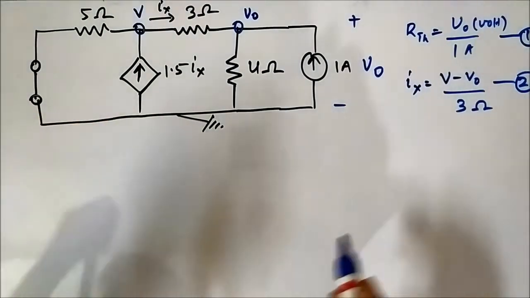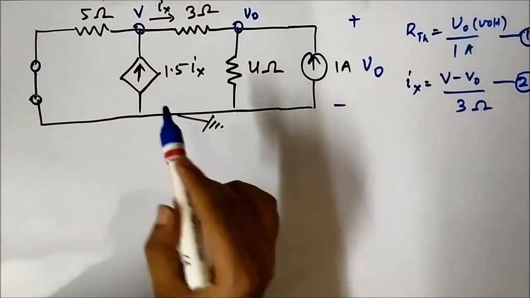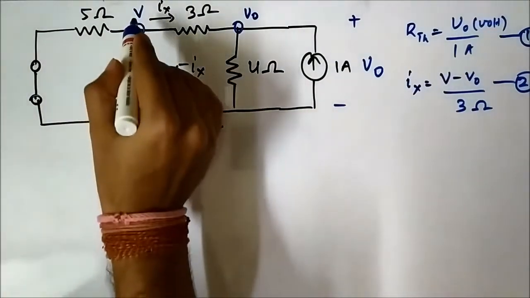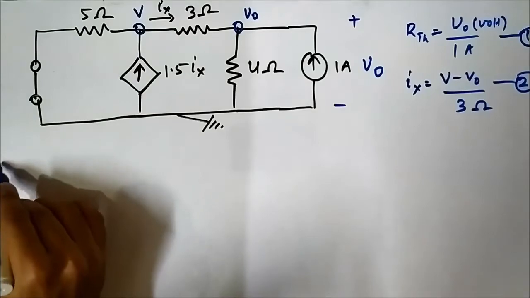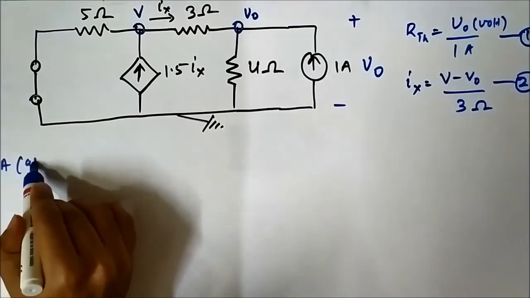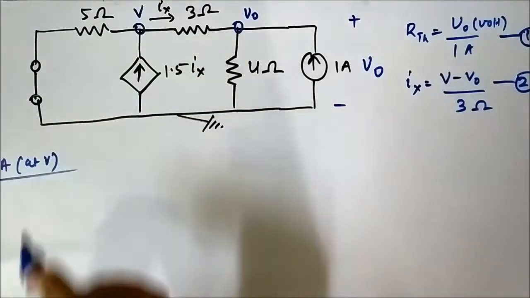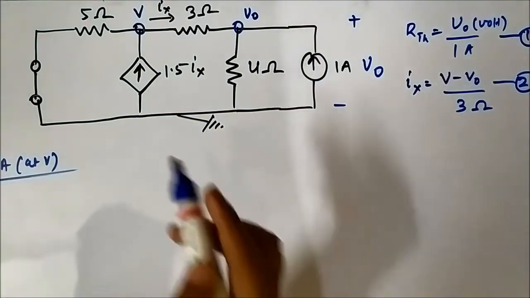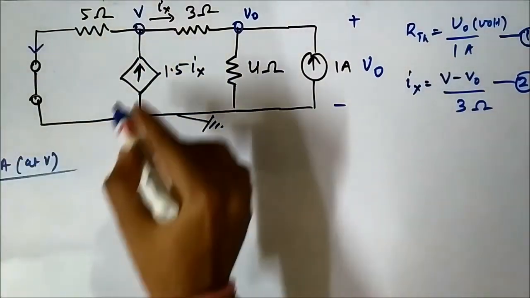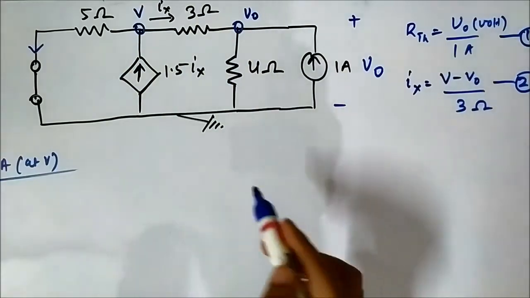Now let us write the nodal equation at node V. Let us consider this as the outgoing current, this is the incoming current, Ix is the outgoing current.